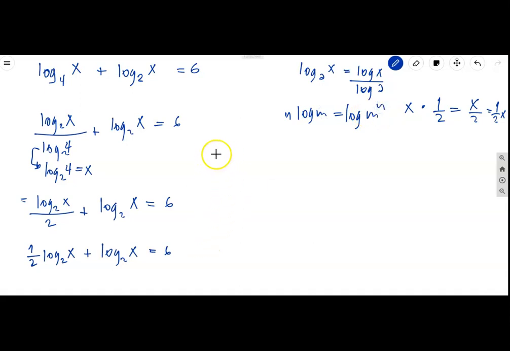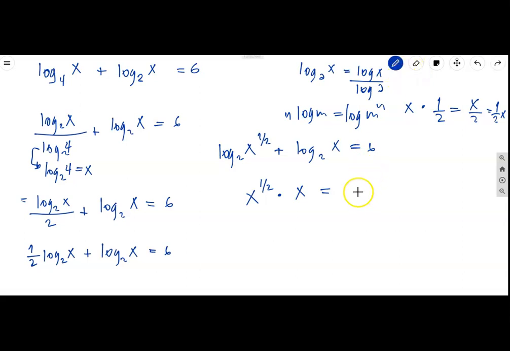Next step, we will have log x base 2 raised to the power of 1 over 2 plus log x base 2 equals 6. Then we convert everything into an exponential function. So we get x to the 1/2 times x equals 6 here.